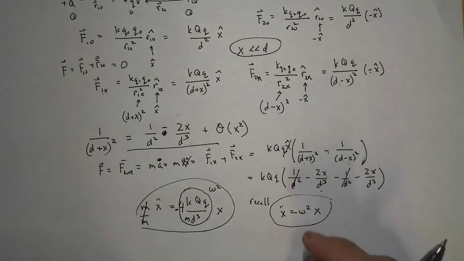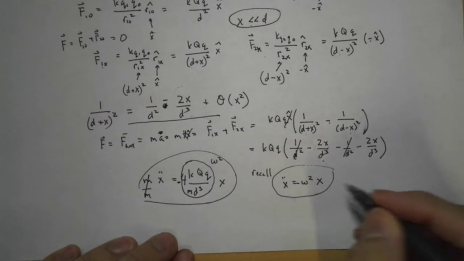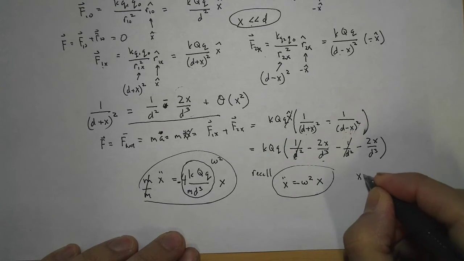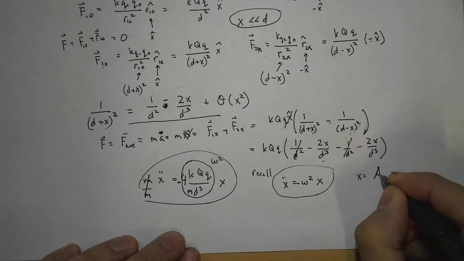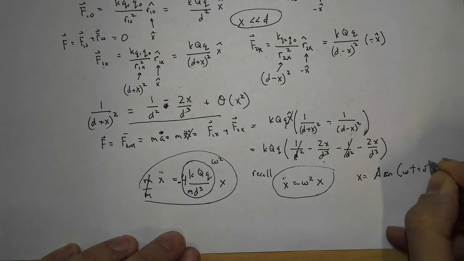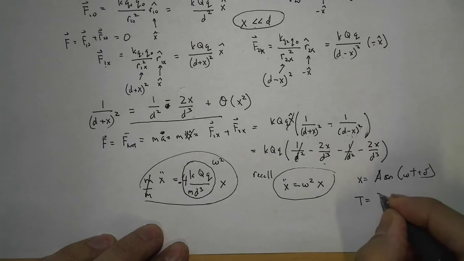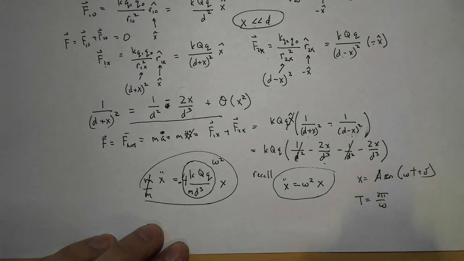And so we know the solution for this one is basically x equals A cosine of omega t plus delta. We know that's the solution, and the period is just 2 pi over omega.